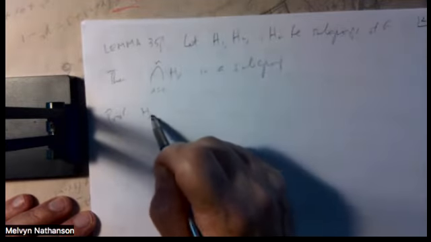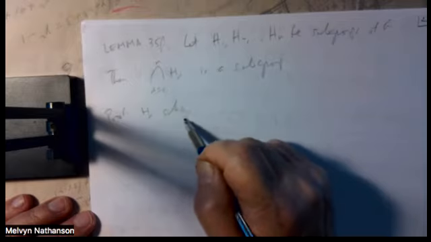And the proof is as follows. First of all, every H_i is a subgroup. So it contains the identity. So if E is contained in every one of the H_i's, then E is contained in the intersection of the H_i's. So the intersection of this collection of subgroups is non-empty and contains the identity.